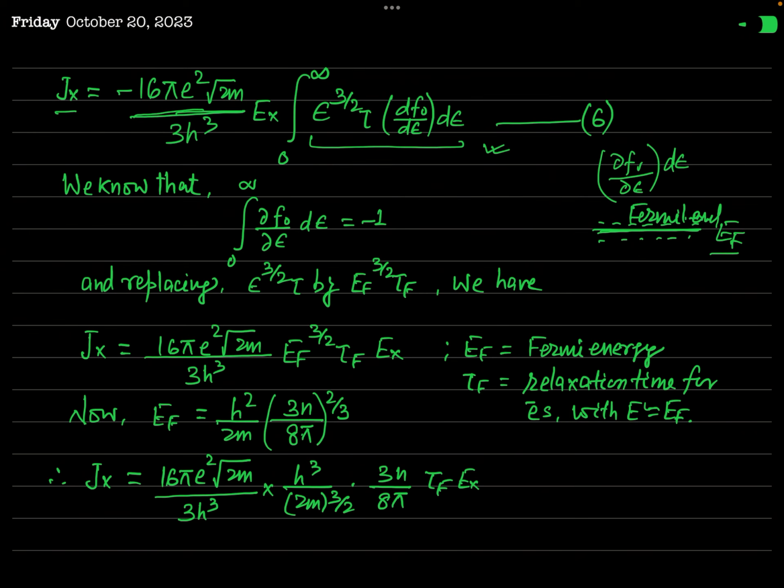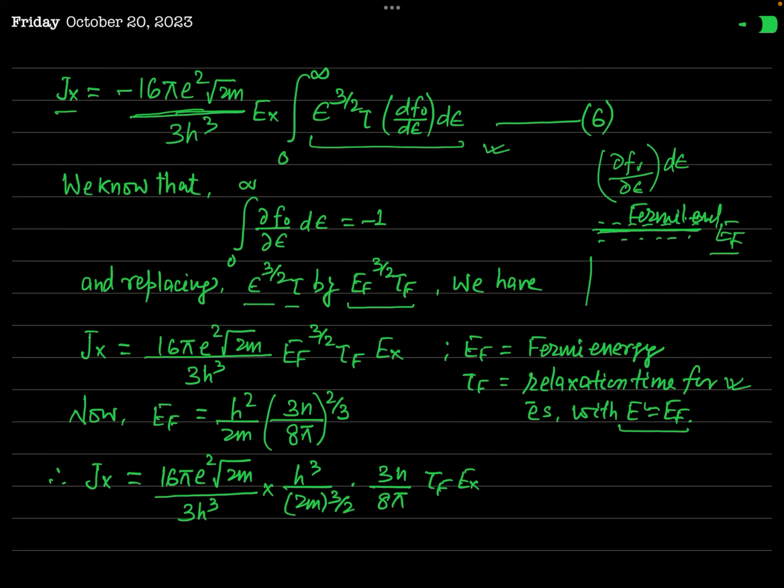Okay, and so for those electrons, this factor epsilon to the power 3 by 2 into tau can be replaced by EF to the power 3 by 2 times tau f. Here tau f is actually the relaxation time for electrons with energy almost equal to EF.